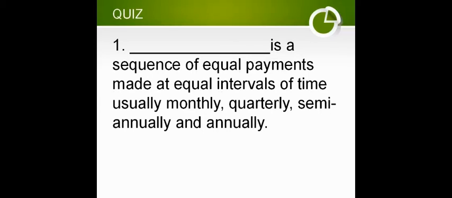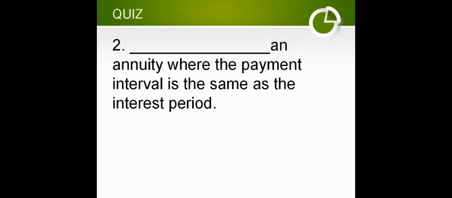Blank is a sequence of equal payments made at equal intervals of time, usually monthly, quarterly, semi-annually, and annually. Number 2, blank is an annuity where the payment interval is the same as the interest period.